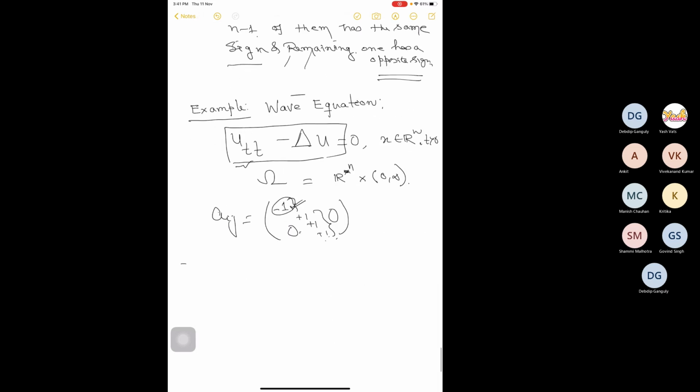So the Laplacian u equal to 0, we have studied this, the harmonic function, called the Laplace equation. Then u_t minus Laplacian of u equal to 0 is called the heat equation.